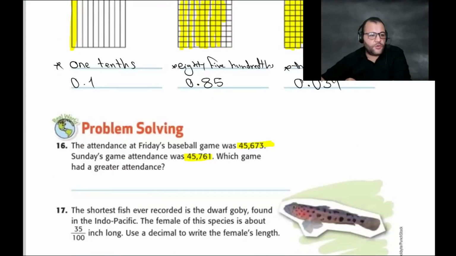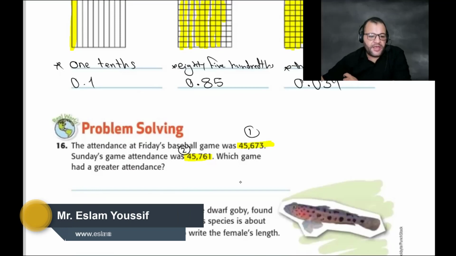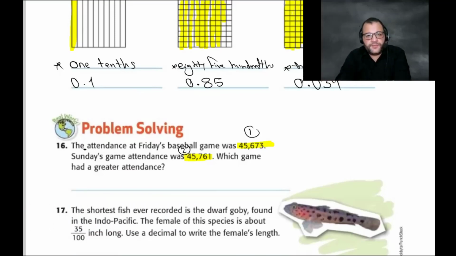Read the question that I need you to solve now. Read number 1, read number 2. Then which game has a greater attendance, Friday or Sunday? Read the number first. 45,673.